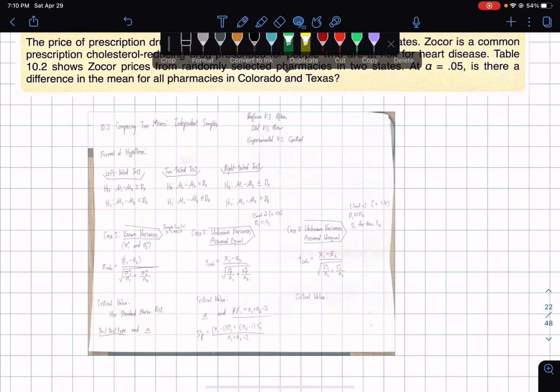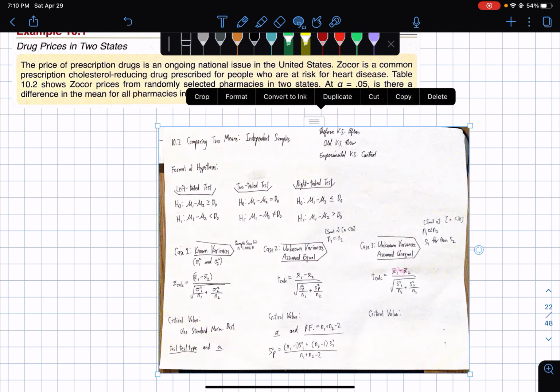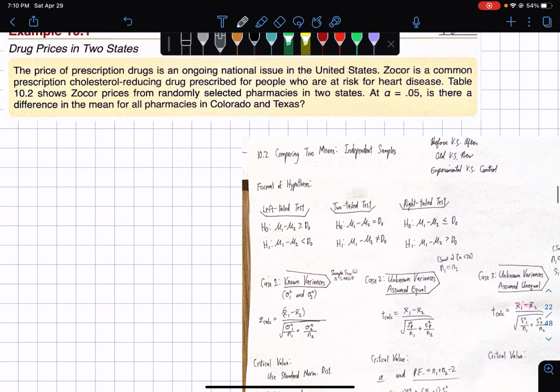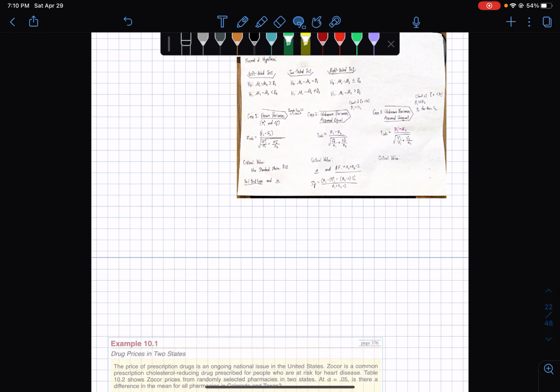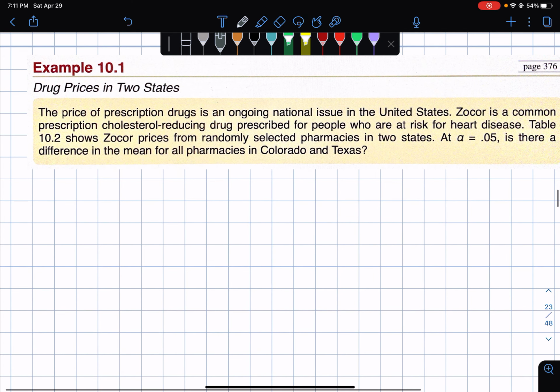Okay, better. You might want to screenshot this paper. It's going to help a lot, I can assure you that. So back to the question, to the practice problem.